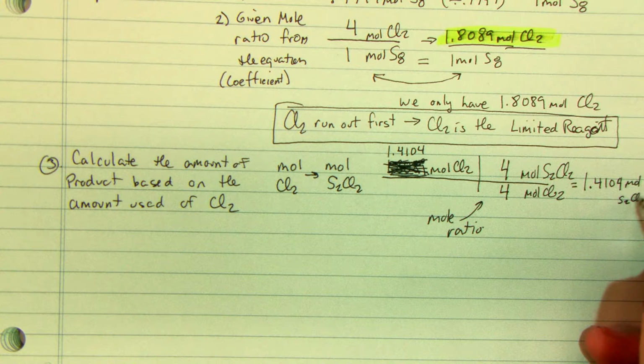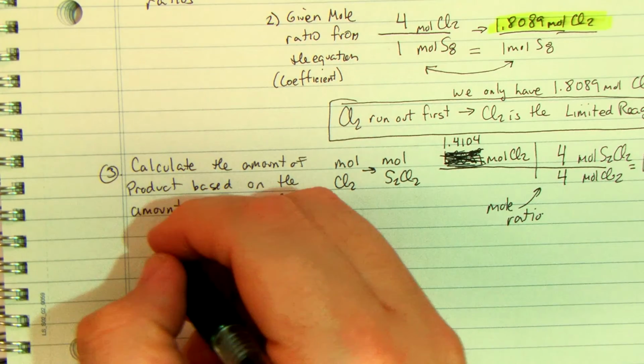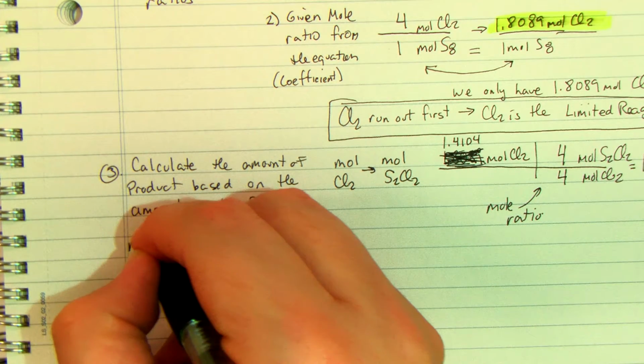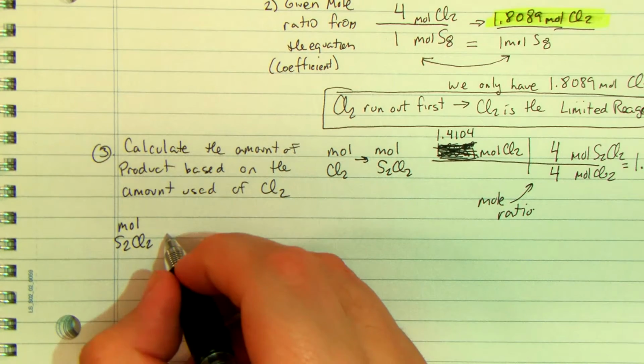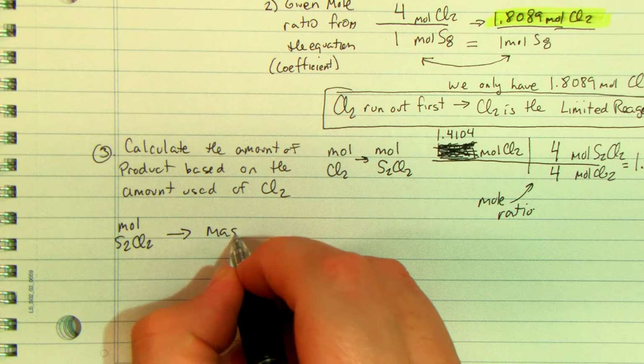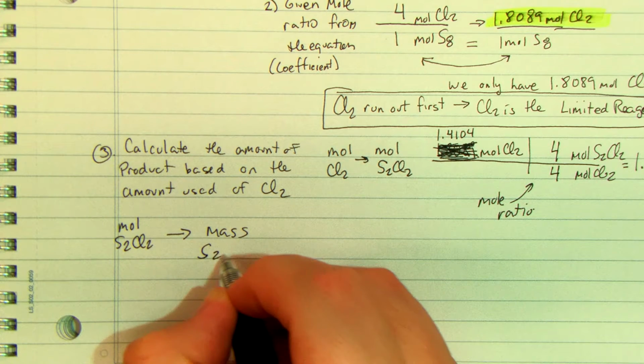Now, to calculate this, we're going to have to go from moles of S2Cl2 to mass of S2Cl2. So I need 2 S's, 2 Cl's.